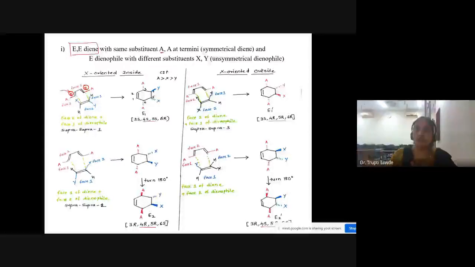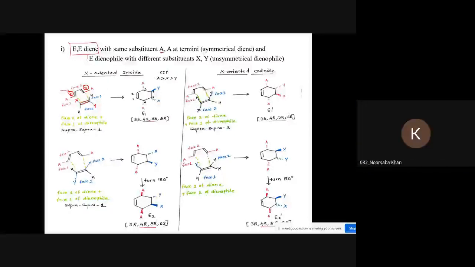So we have a symmetrical diene in this case, but the dienophile is not symmetrical, it is unsymmetrical, because if you see dienophile के ऊपर दो substituent यहाँ पे attached हैं. This is my dienophile which is having two substituents, one is X and one is Y. How are these X and Y attached with respect to each other? Are they on the same side or on opposite sides? We can see they are on opposite, trans, side, right?